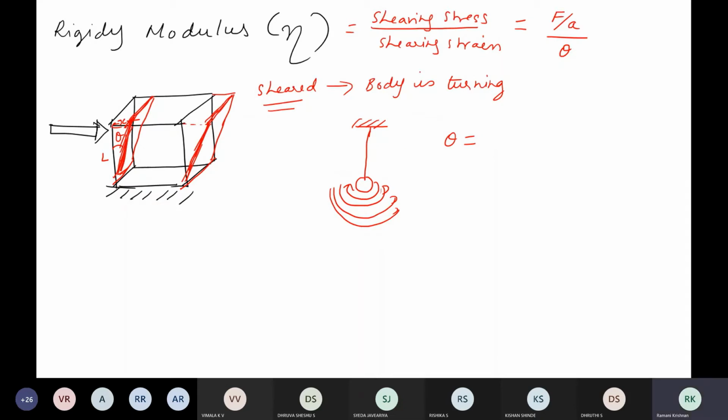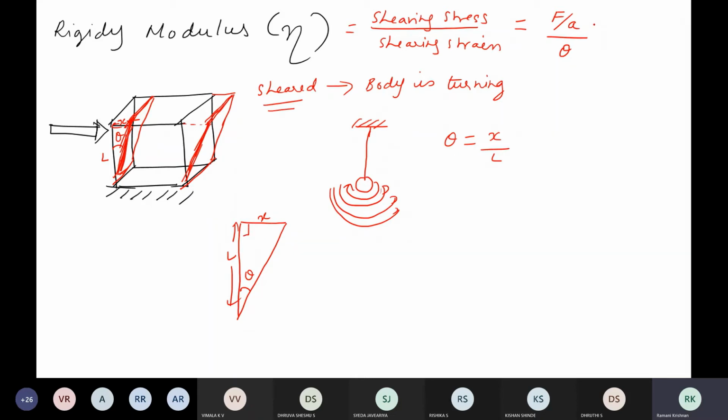If I enlarge that picture, this is theta, this is x, this is L. Theta is very small, so normally for small angles we take tan theta. So theta is equal to x by L, opposite side by adjacent side, because this is a right angle.